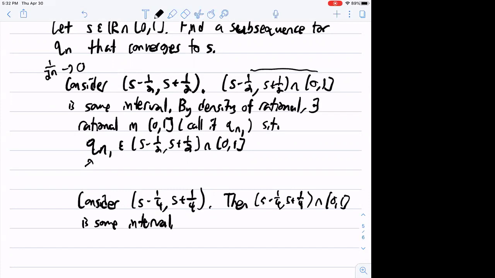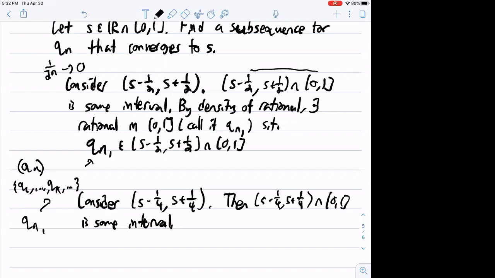The only problem right now is it won't be a subsequence necessarily, right? So let's assume our Qn is Q1, QK, so on and so forth. This is our original sequence. Let's assume Qn1 was here. This is what I mean by the ordering part.